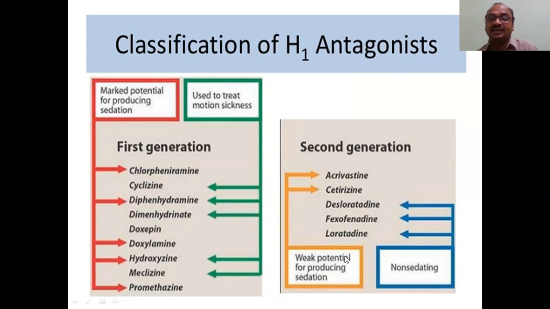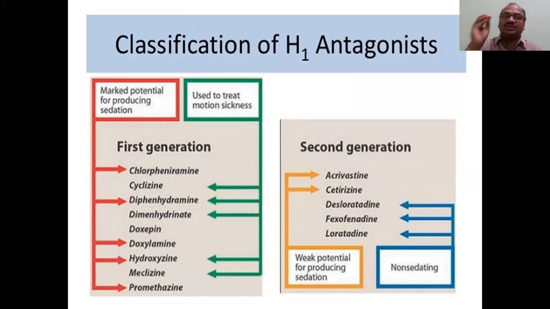Five drugs are there. In that, there is weak potential for producing sedation. Second generation also produces sedation, but to a lesser extent. That is a very important bit. And non-sedating, you can see here, they do not produce any sedation. This is also an important bit.